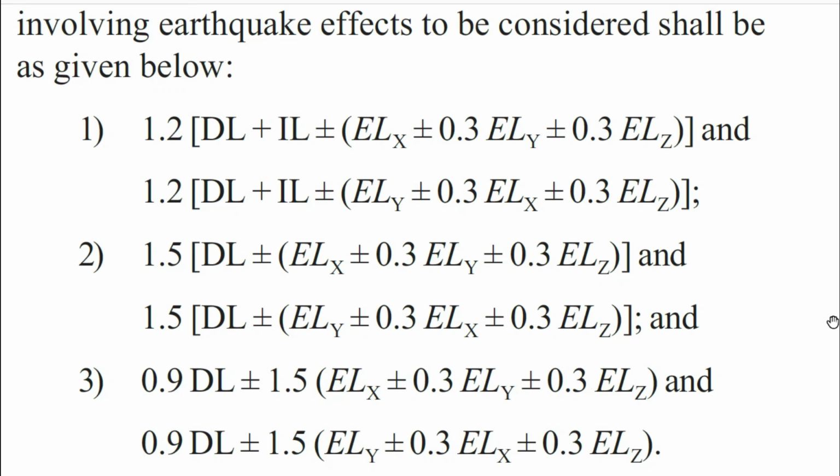When we want to apply earthquake forces in all three directions, x, y and z, the 30% rule is further applicable to all these three directions, and as given in 6.3.4.1, these are the load combinations to be considered.